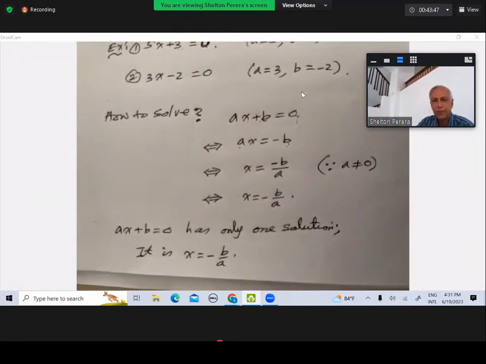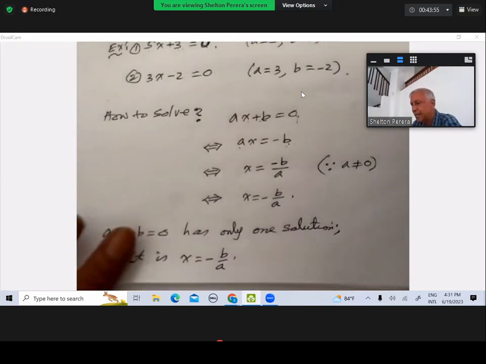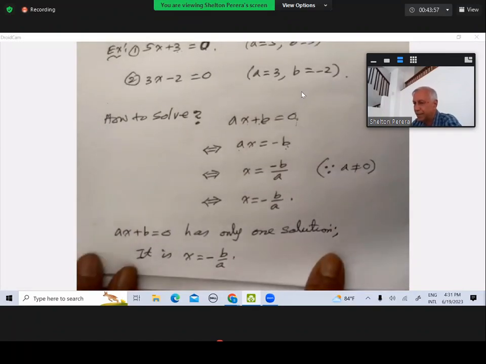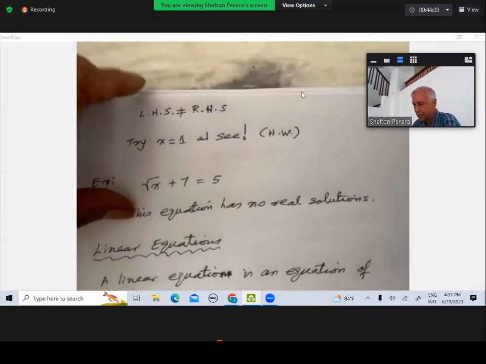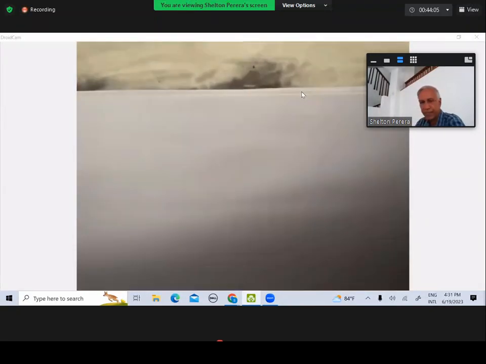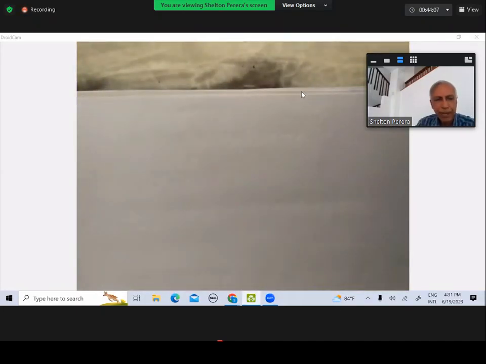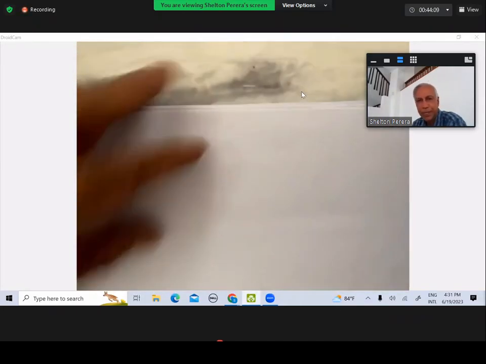Let us take about 2 more minutes on linear equations, and we shall go to quadratic equations. So this is clear, huh? Now I said take a few more minutes on linear equations, just to give you a few more examples.